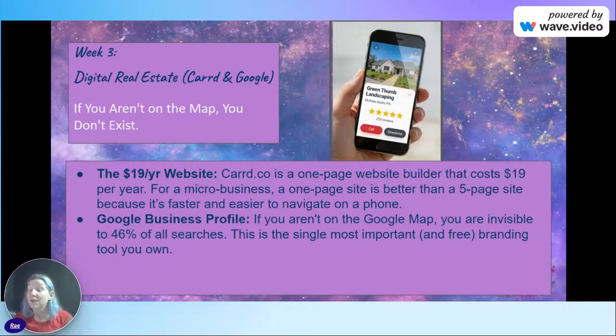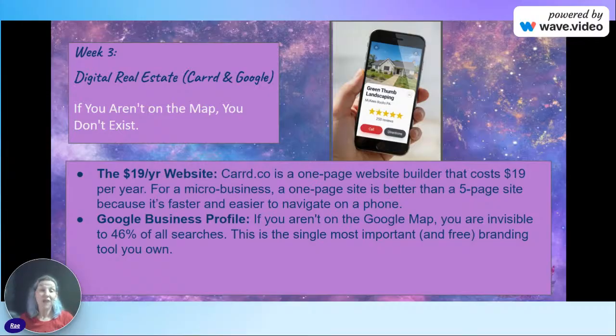Now, you can't control the economy. You can't control your neighborhood's reputation. You can't even control whether customers trust small businesses in general. But what you can control is whether you show up on the map. What you can control is whether you have a professional presence.